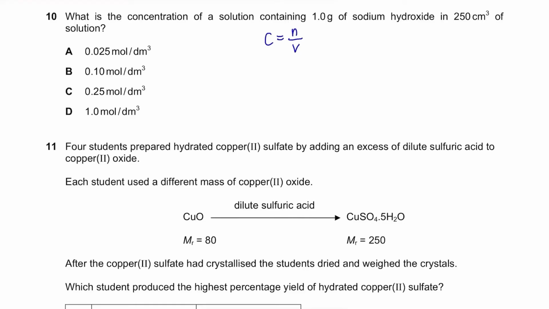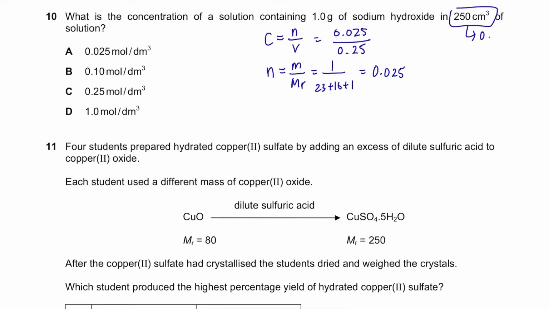We don't have the number of moles here, so find it by dividing the mass by Mr. 1 divided by 23 plus 16 plus 1, which is 0.025. Then we're going to divide 0.025 by 0.25 instead of 250 because we need to change it to dm³. You'll get 0.1 mole per dm³ as the answer.